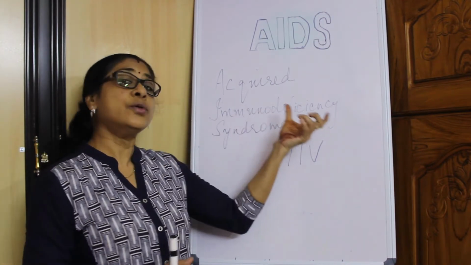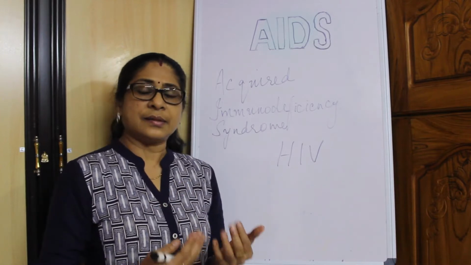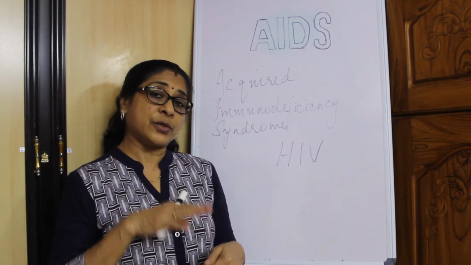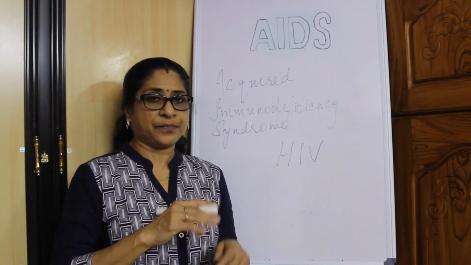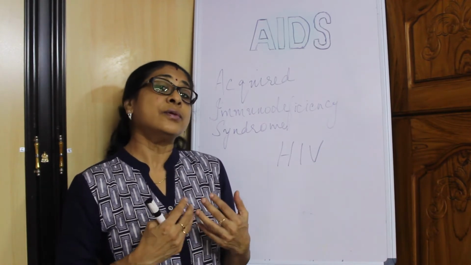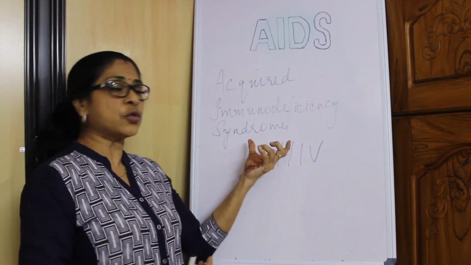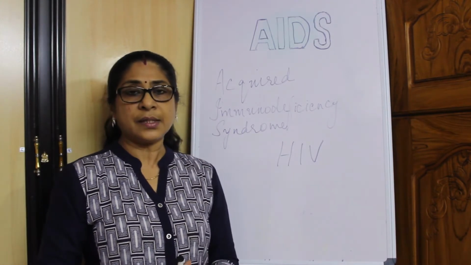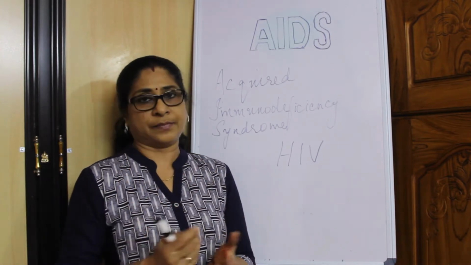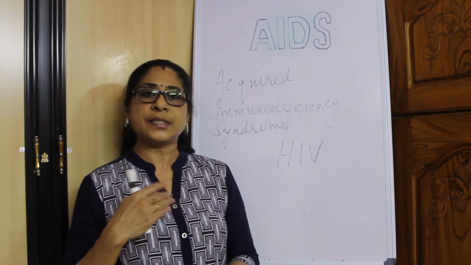The word immunodeficiency refers to a disease which reduces our immunity. We become immunocompromised, or we become immunodeficient. The patient becomes immunodeficient. The word syndrome means it's a group of symptoms. So that is acquired immunodeficiency syndrome.